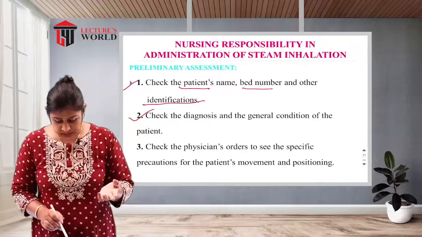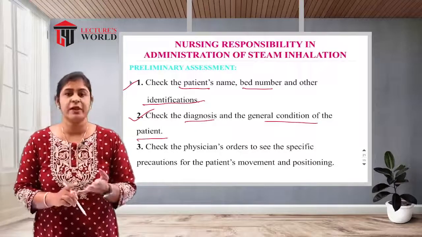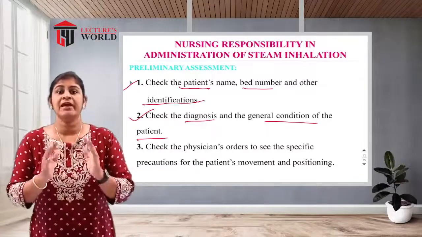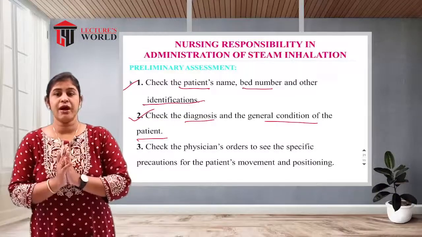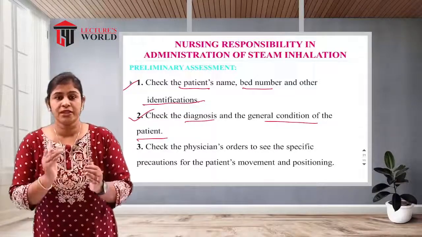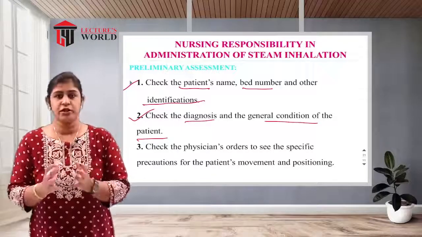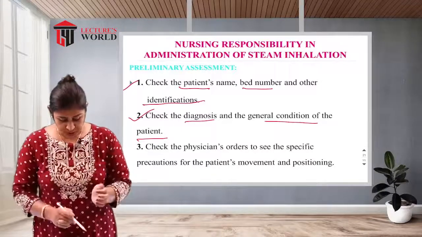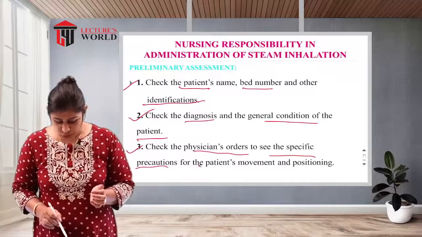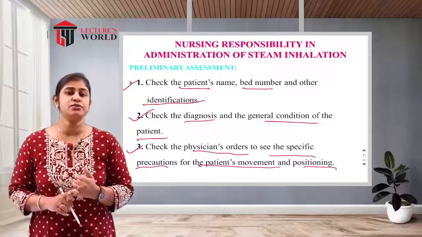Check the diagnosis and general condition of the patient. You have to cross-check with what is known to you. Check the physician's order to see the specific precautions for the patient's movement and positioning.